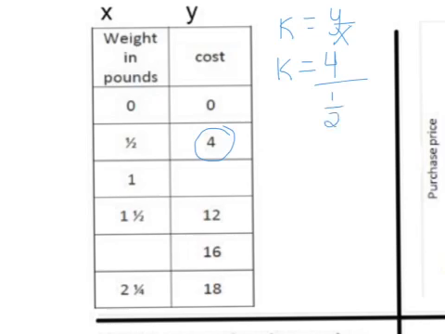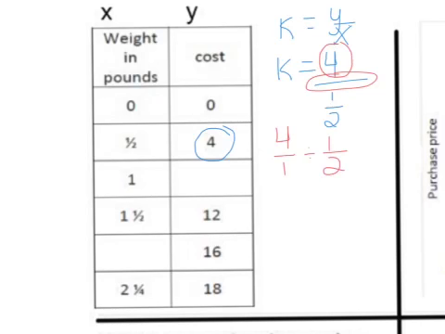Now 4 is not a fraction, but we can make it into a fraction by putting it over 1. Let's write this division symbol. And let's write down that 1/2 right there.